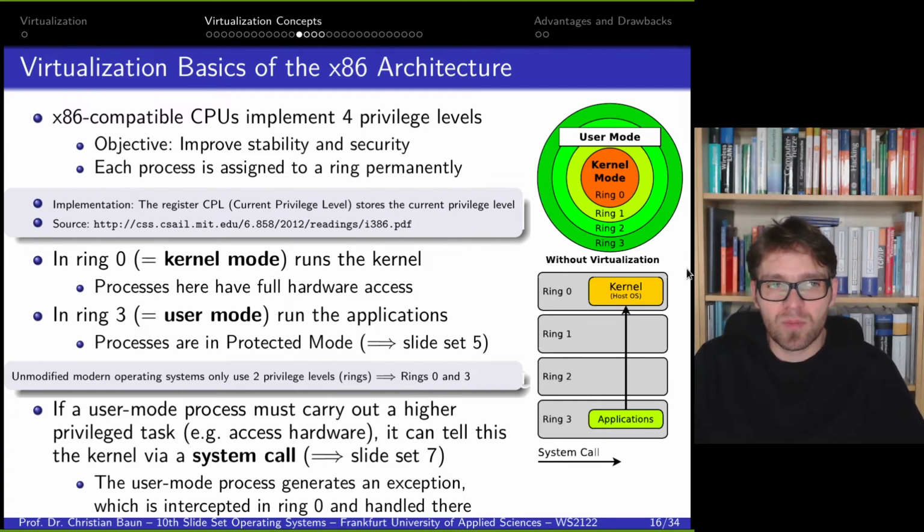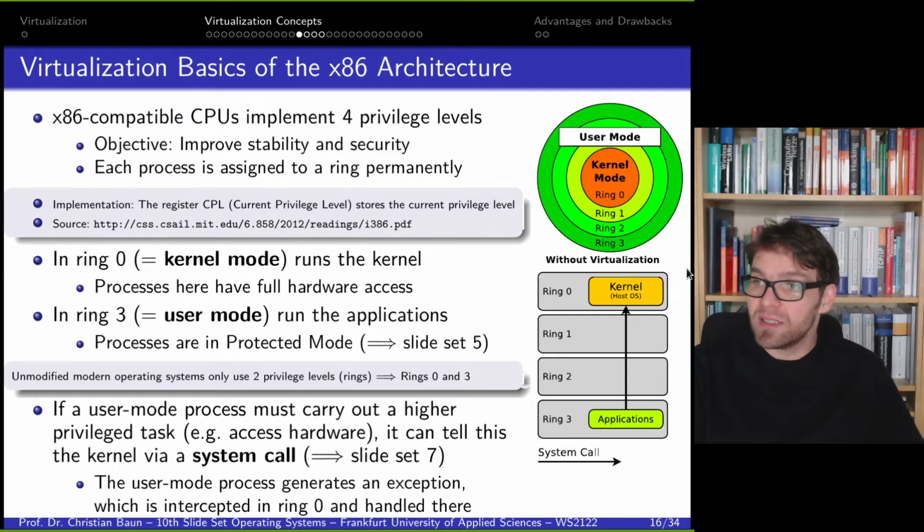So we have ring 0, you remember maybe, and ring 3, and this ring specification is a bit confusing because we don't really have rings in computer systems. It's just a specification by a register value. If you want to know to which privilege level the running process belongs, there's one register which indicates this.